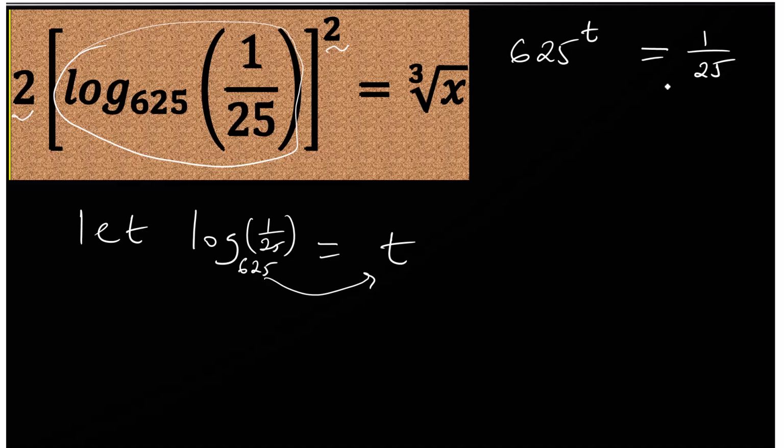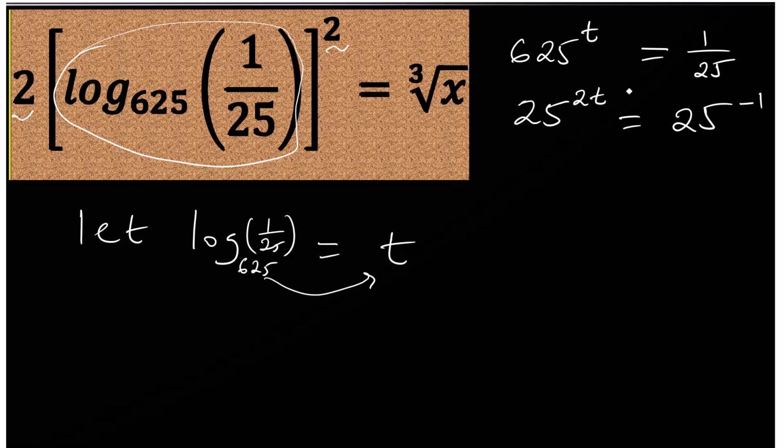All right, so let's see if 25 raised to a certain number will give us 65. Okay, so 25 times 25 is 65. So we have 25 raised to 2t equals 25 raised to -1.